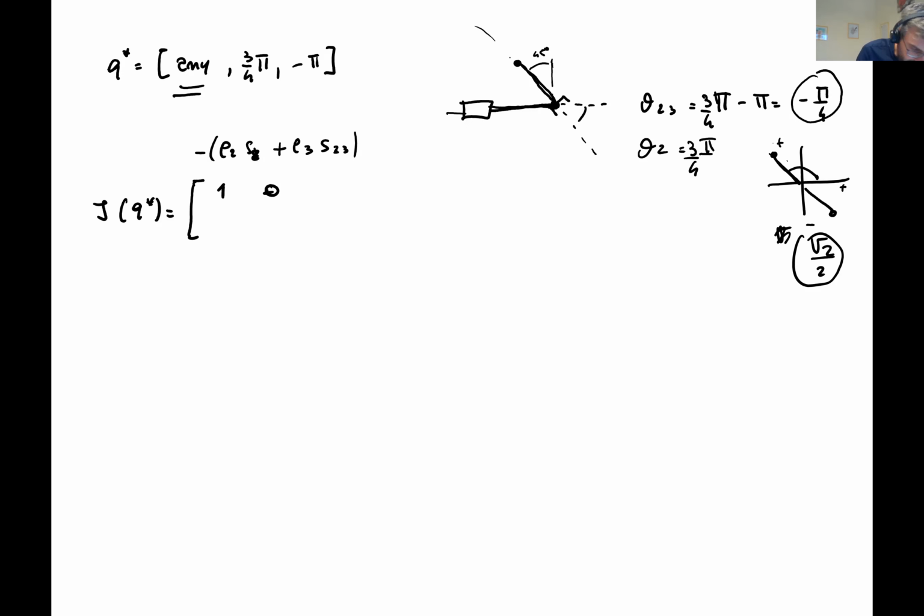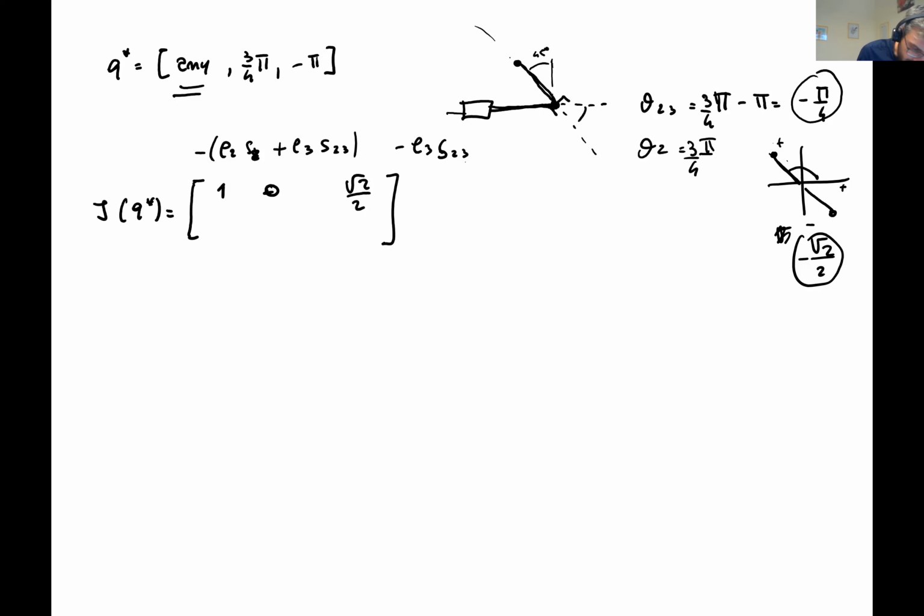And the third one is just minus L3 sine of 2, 3, and for this angle the sine is minus square root of 2 divided by 2, so minus that becomes square root of 2 divided by 2.